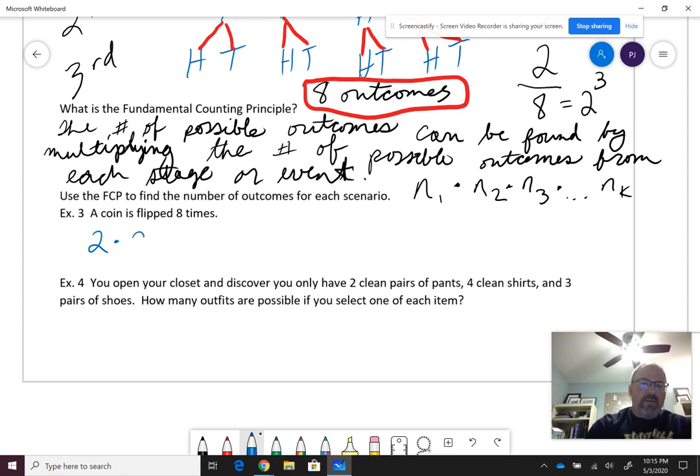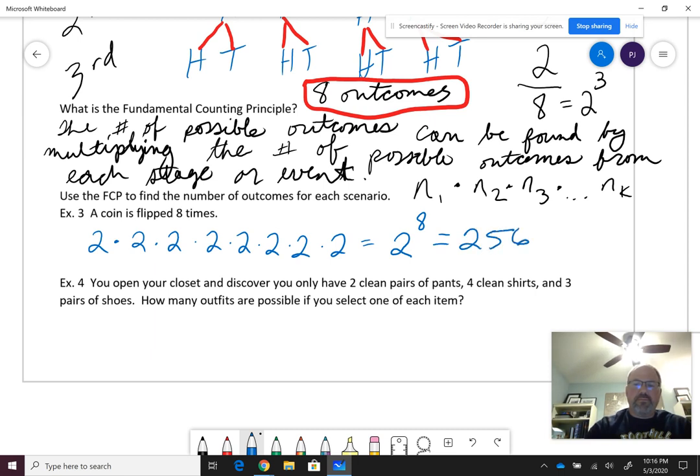There's 1, 2, 3, 4, 5, 6, 7, 8. That's the same thing as saying 2 to the 8th power. And 2 to the 8th power is, okay, calculators, 256.